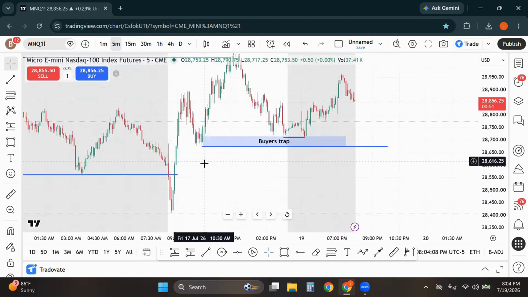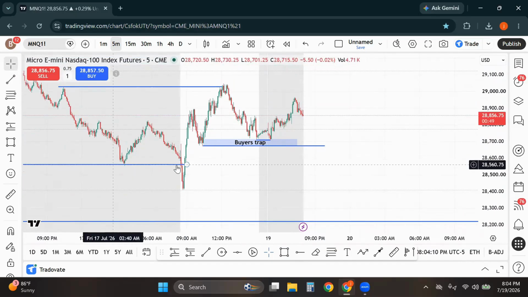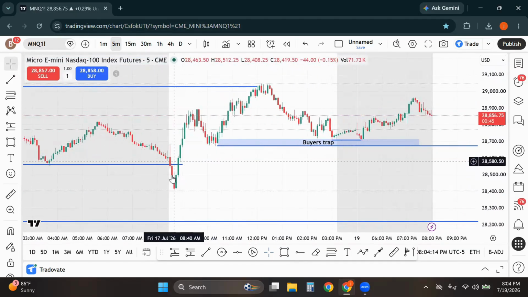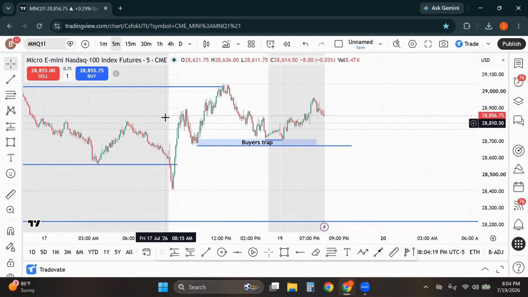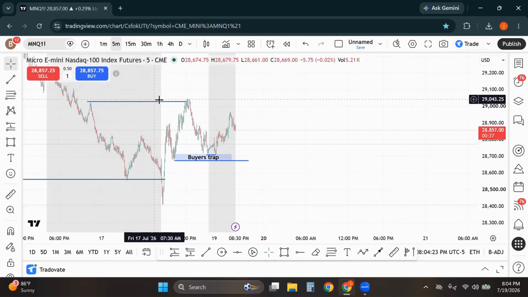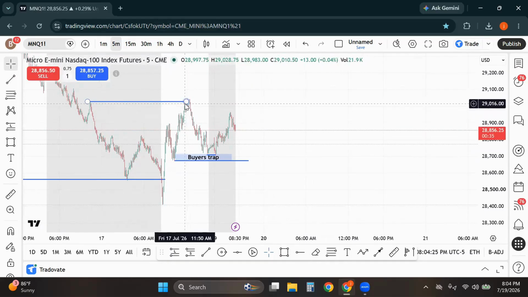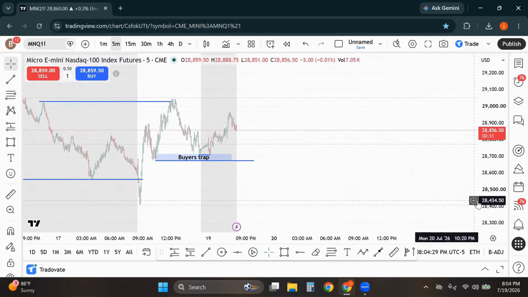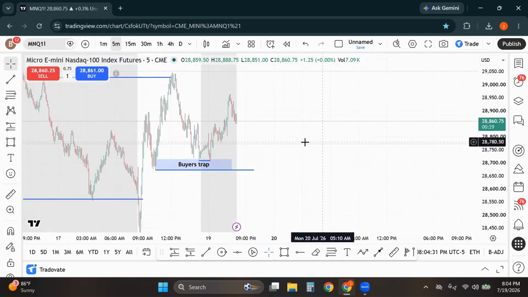We're looking for that liquidity to be taken from the left. And you can see we have a market structure shift here. We have a 5-minute change in the state of delivery right here. We have a continued bullish trend up here, continuing to take out highs, inducing further buyers, and continuing to trap them here. So this was an A+ trade, literally perfect.